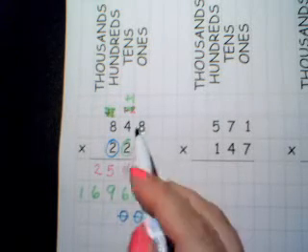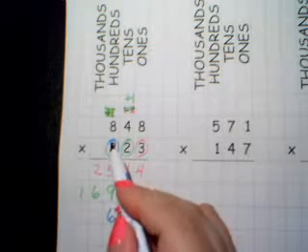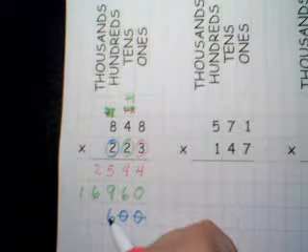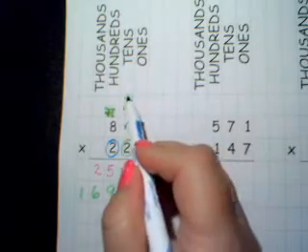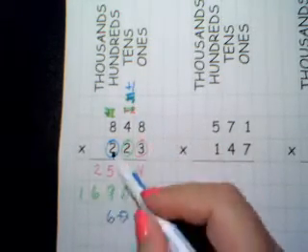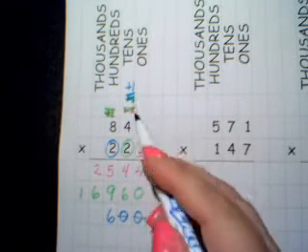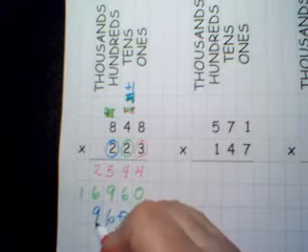All right, so again, 0 here, 0 here, or leave them blank if that's what you prefer. 2 times 8 is 16. We put our first part of our answer in our hundreds column. Then we're going to add our plus 1. Then we have 2 times 4, and we get 8. Plus 1 is 9.